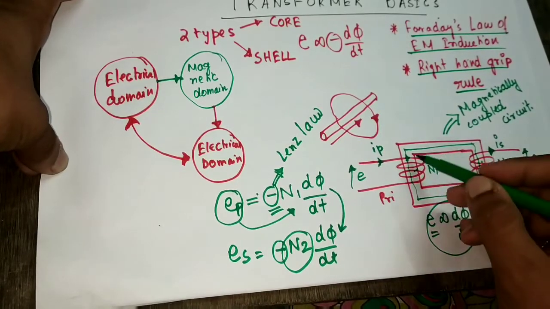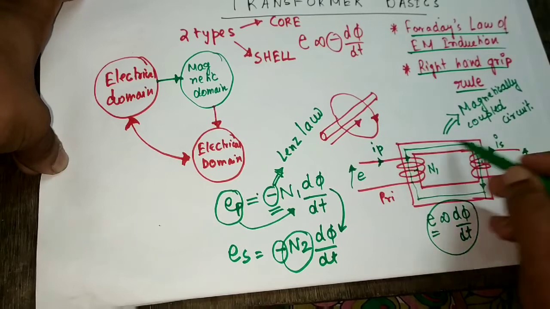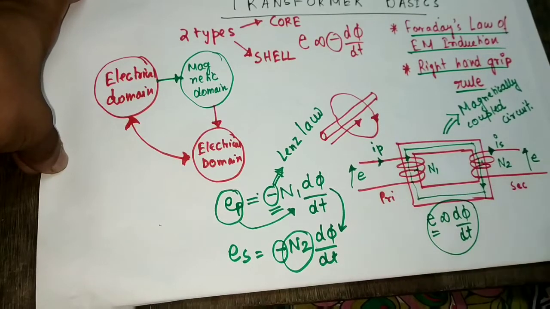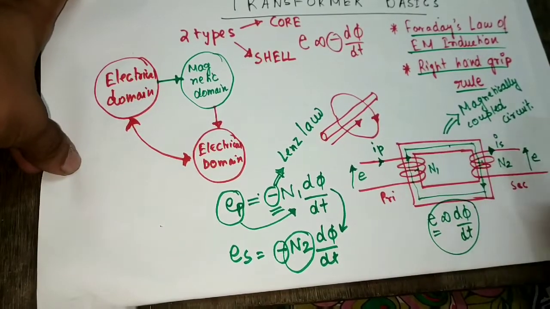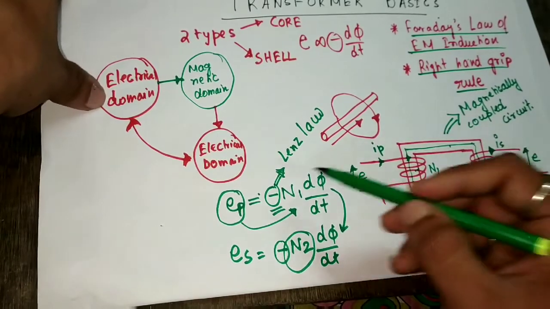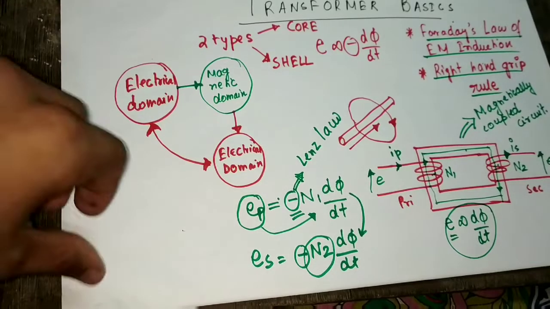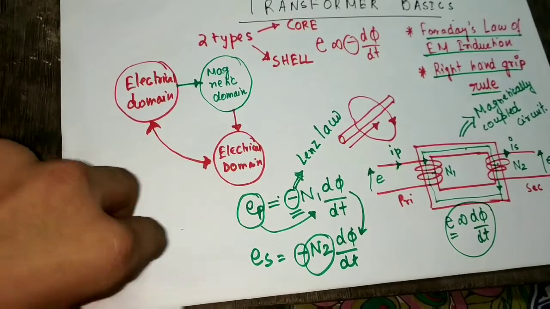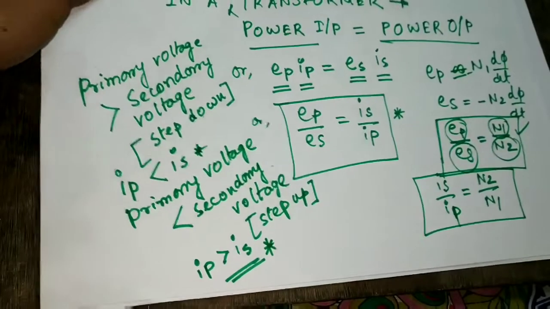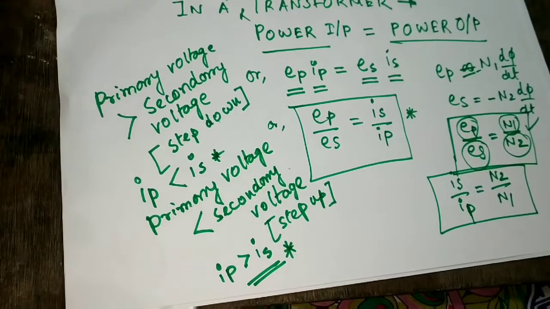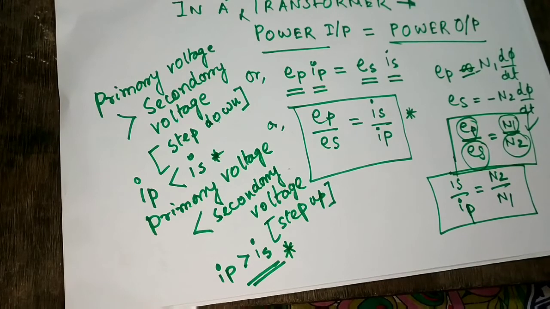This is a magnetically coupled circuit, and you can say this is an ideal transformer. This is the core, and you need to know Lenz's law. And one thing to remember, except for the auto transformer, in all transformers the primary side and secondary side are not electrically connected, they are magnetically connected.